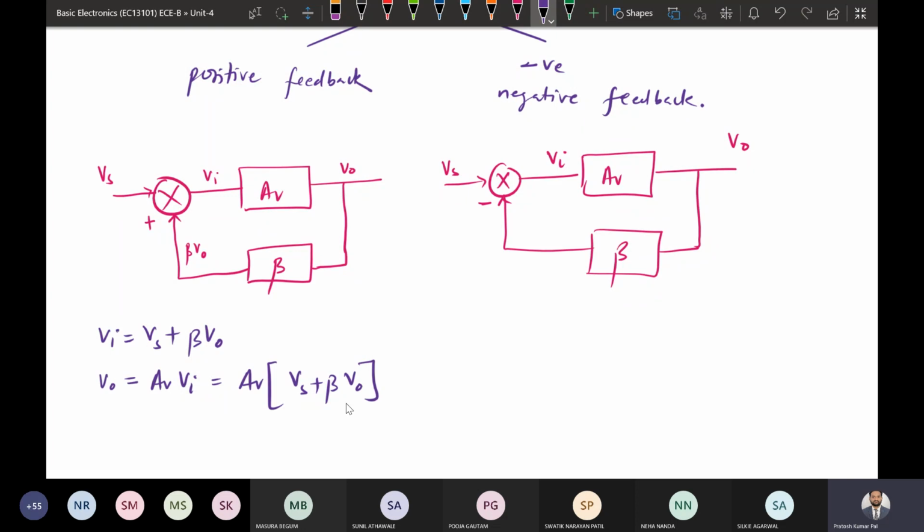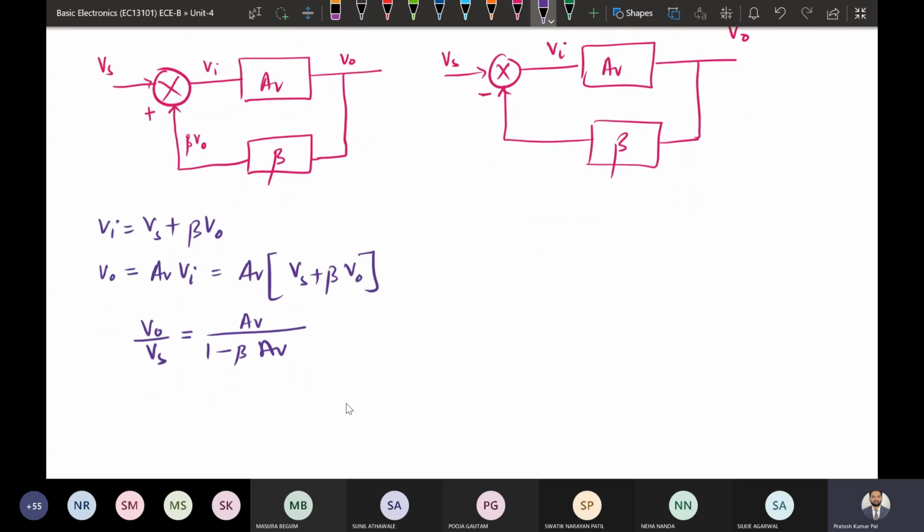So from there, if we separate the V naught term, V naught by Vs will come out to be AV divided by 1 minus beta times AV. So 1 minus something is there, that means this denominator term will be less than 1.